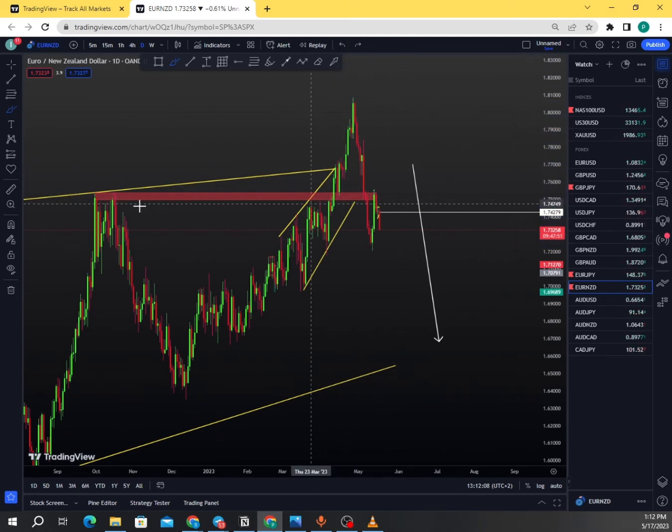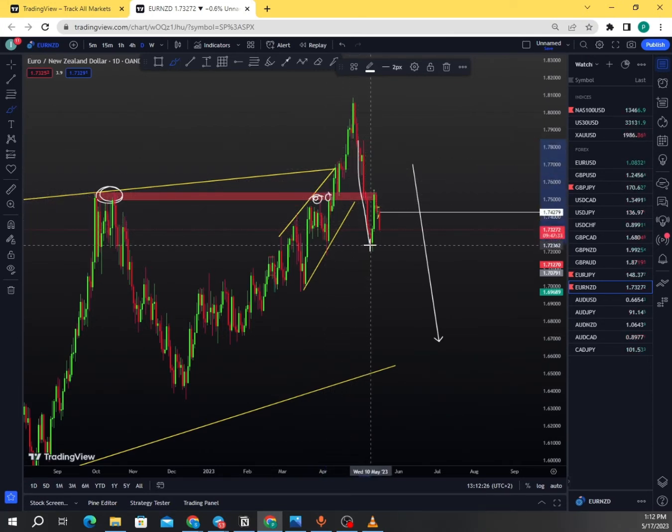I was already aware of this support and this resistance here, which price respected here and also respected here. Price broke that resistance, and now it is turning it into a new resistance.